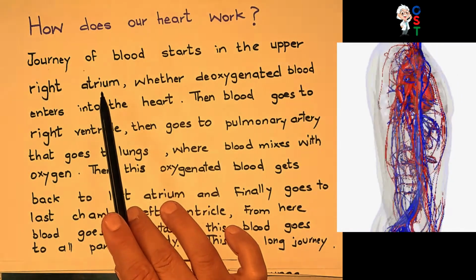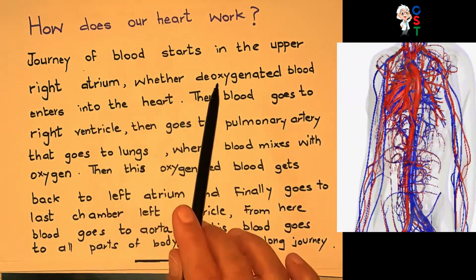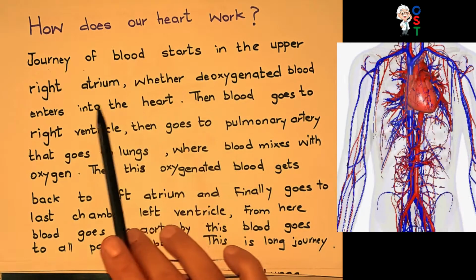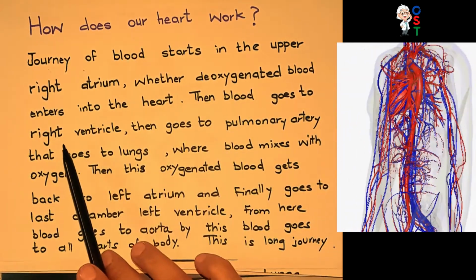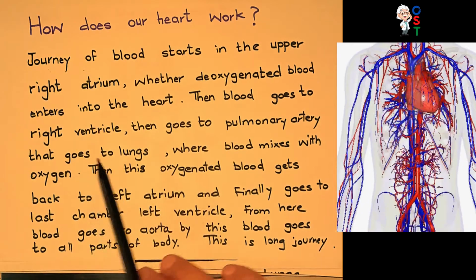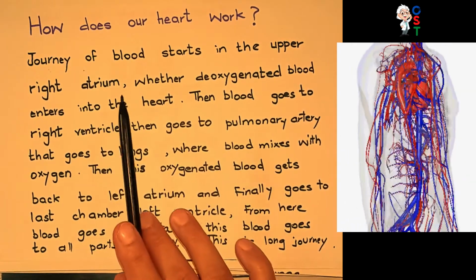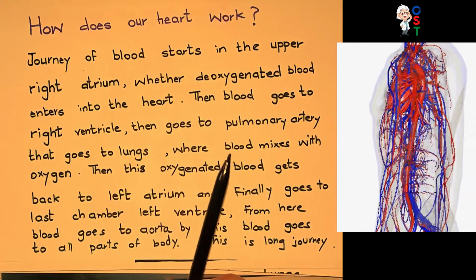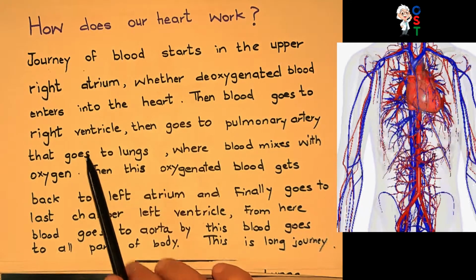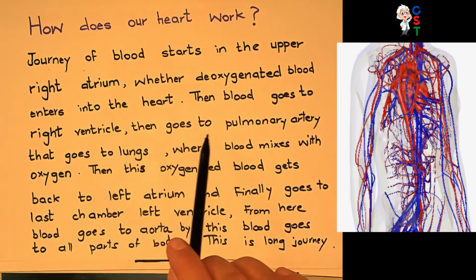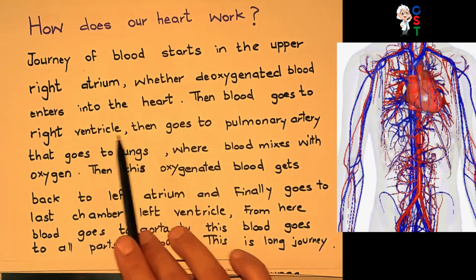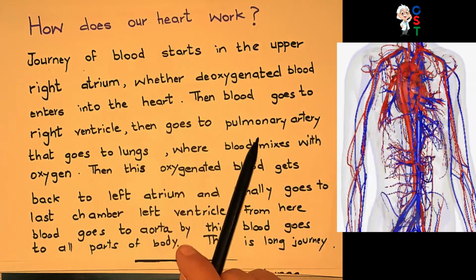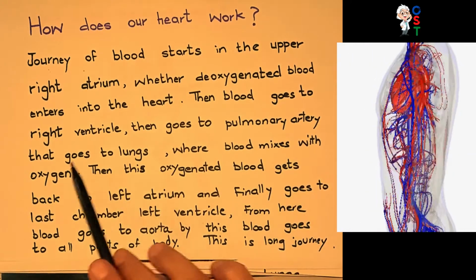The right atrium collects deoxygenated blood, then this blood goes to the right ventricle. When the right atrium squeezes, blood comes into the right ventricle, then the right ventricle squeezes, so blood goes to the pulmonary artery.